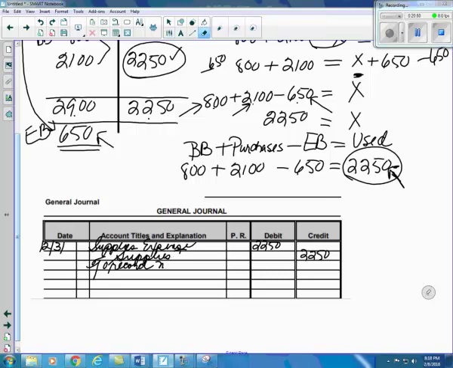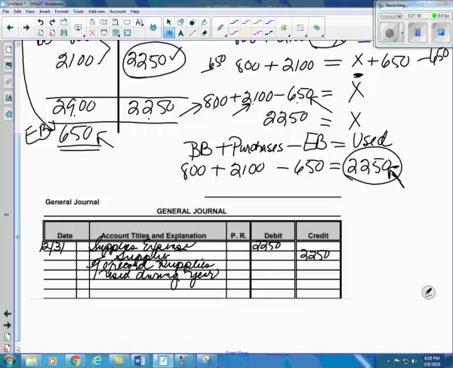I'm going to say supplies used. To record supplies used during the year. You could also say to adjust supplies inventory for supplies used.